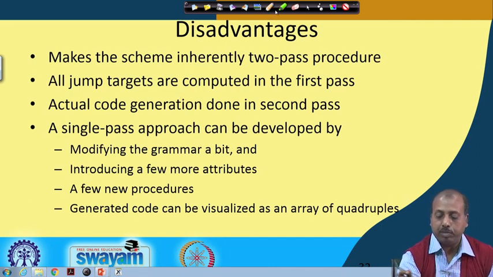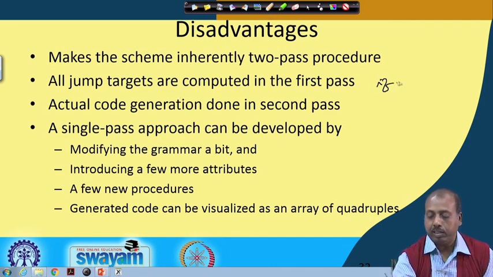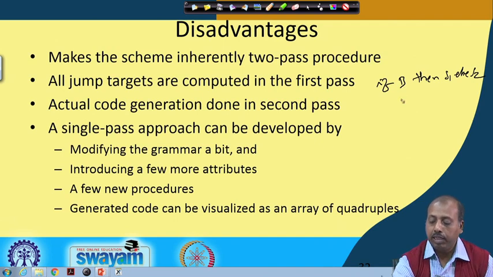For example, if I have a statement like if some Boolean expression B, then S1 else S2. Now, while parsing this B, I have at several points B becoming true or B becoming false.